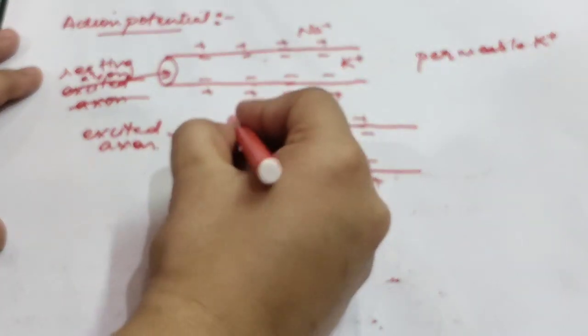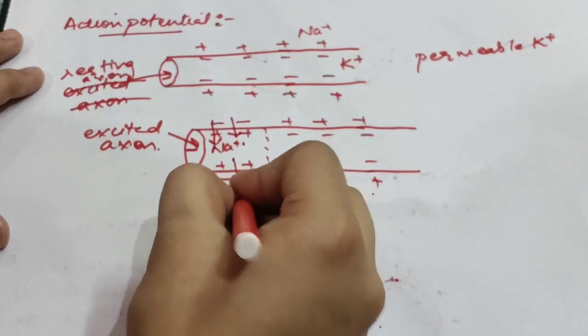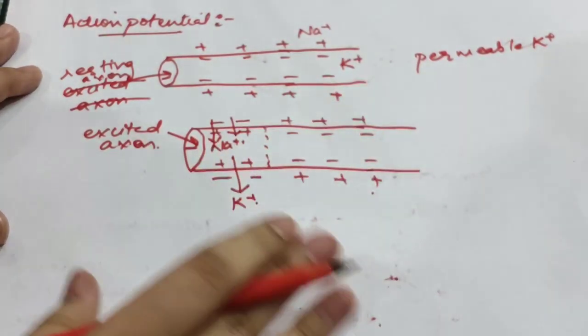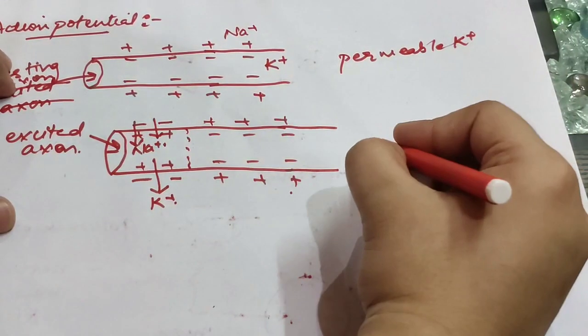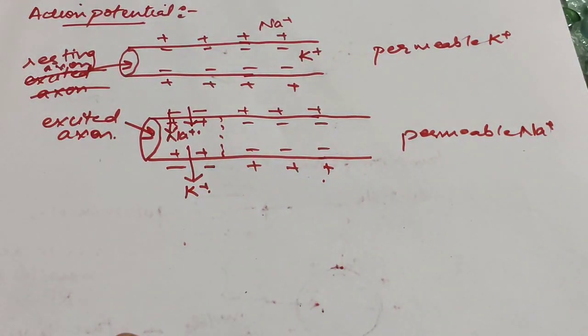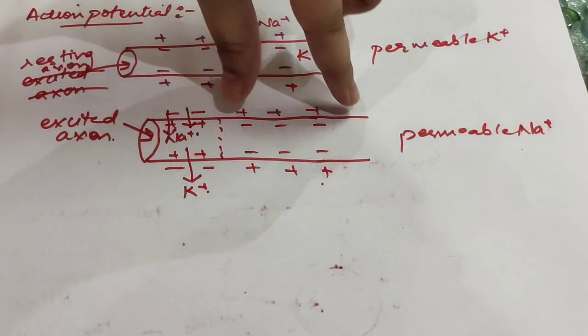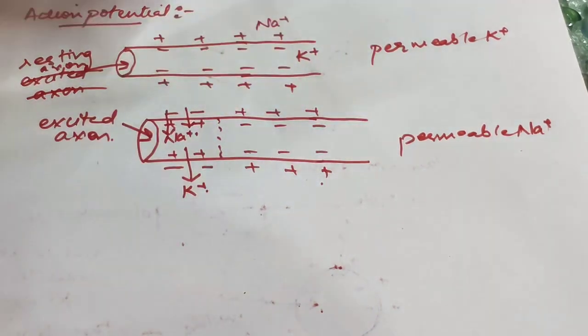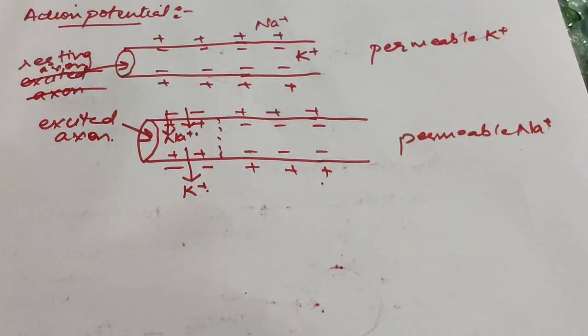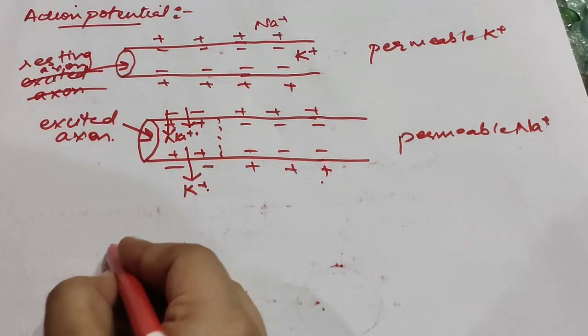Here the sodium ions start going inside the nerve fiber, whereas the potassium starts going outside the nerve fiber. So in this case, the neuron is more permeable to the sodium ions and less permeable to the potassium ions. This part now becomes depolarized, and this is the resting stage. Now the stimulus is transferred along the axon, right? So what happens after that?